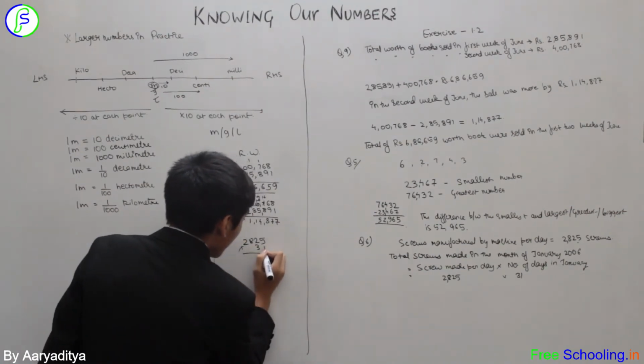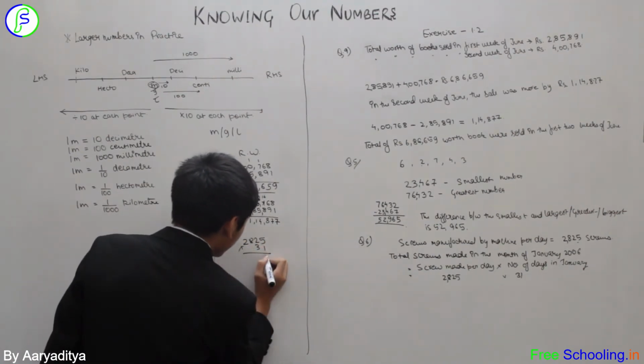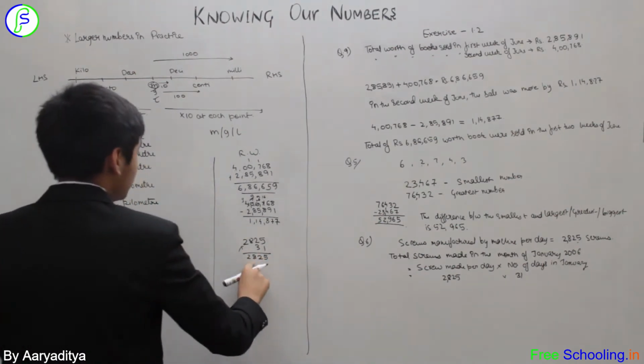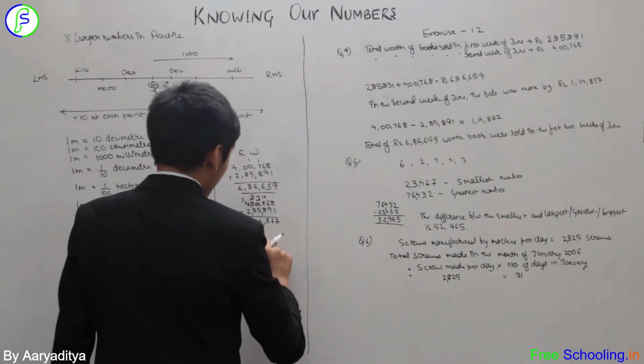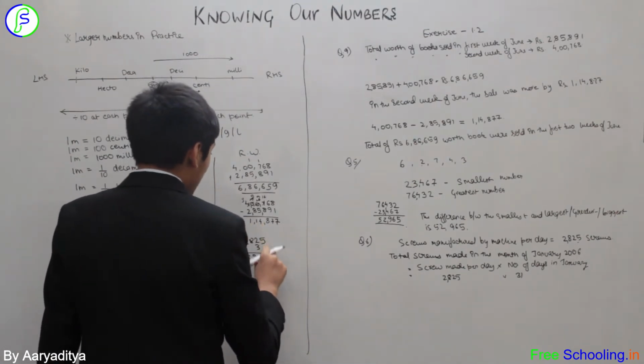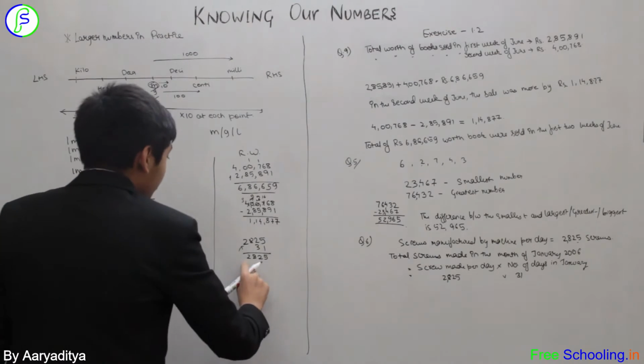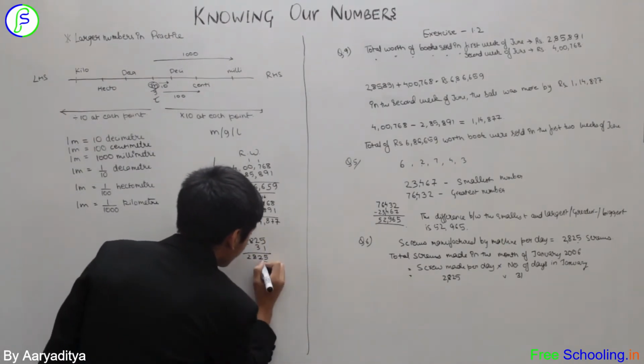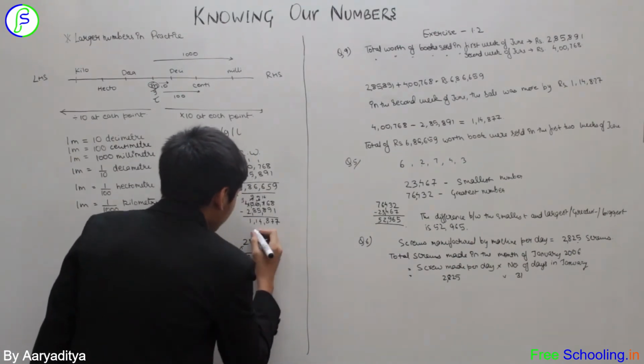Easy. If you have 1 first, so just copy this down, 2825. Now multiplying 3 by 5, 3 into 5, we get 15. 5, 1 carry on. 3 into 2, 6.